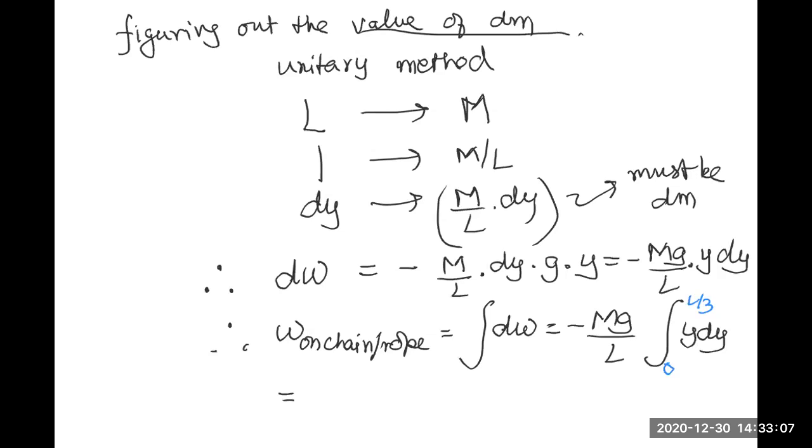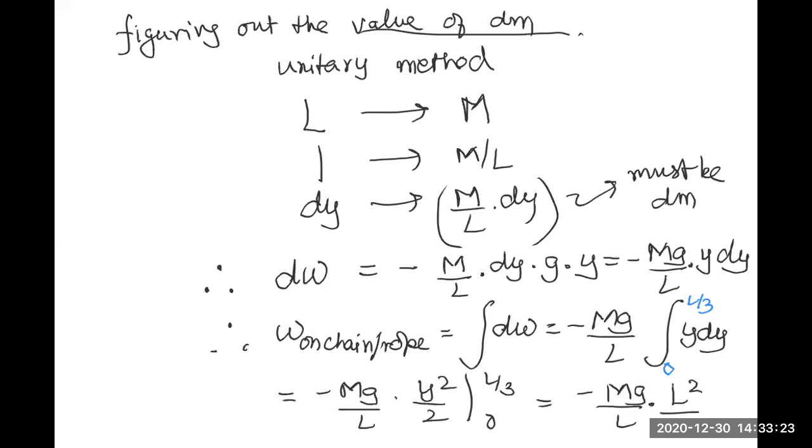Therefore, we get minus mg by l into y square by 2, 0 to l/3, which is equal to minus mg by l into l square by 18. L and L will cancel.